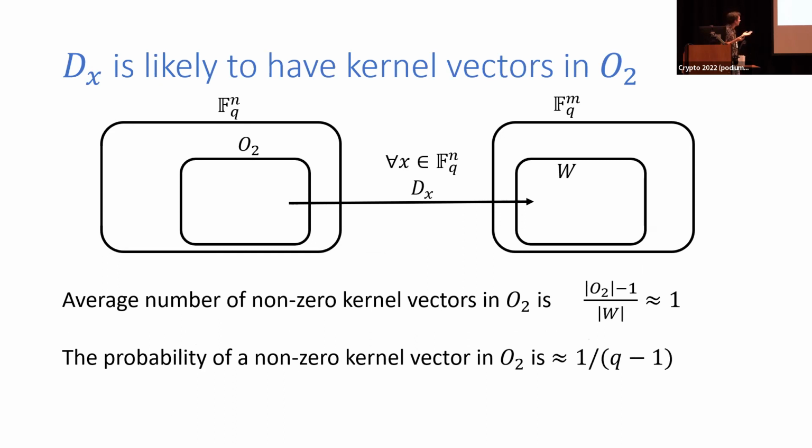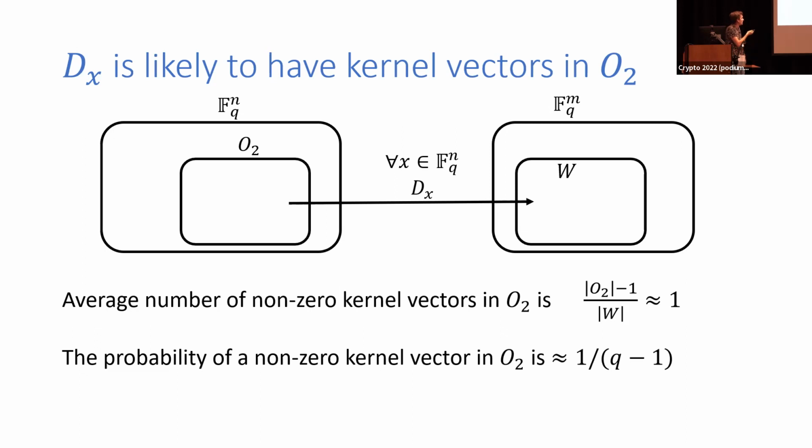So why is this? There's O2 minus 1 non-zero vectors in O2, and each of them has a probability of 1 over the size of W of being in the kernel, right? Because its image under the differential is just a uniformly random vector in W, so with probability 1 over the size of W it will be 0.